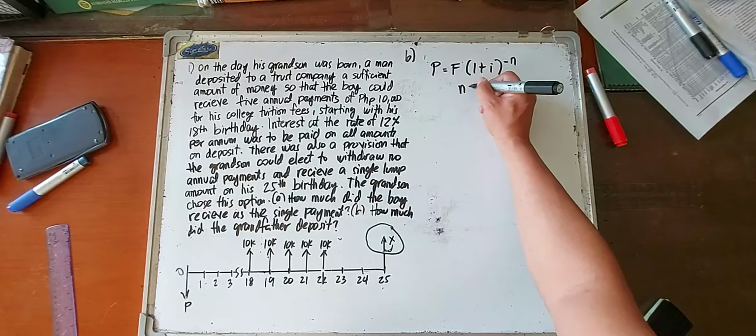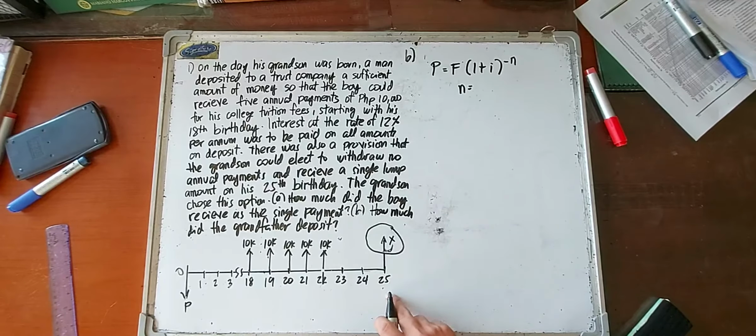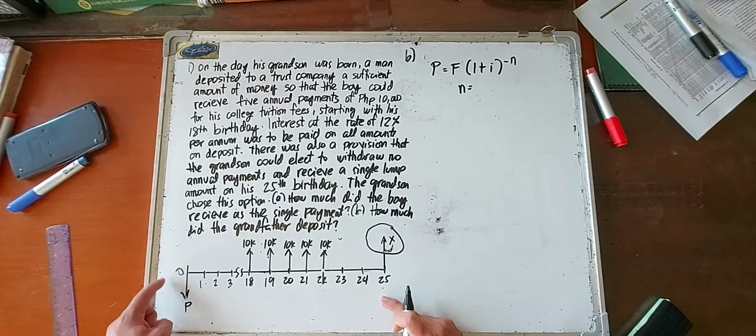So N, so yung 25, that's the value of X on the 25th year. So from 25 kunin natin yung value niya on the origin, or the starting point.